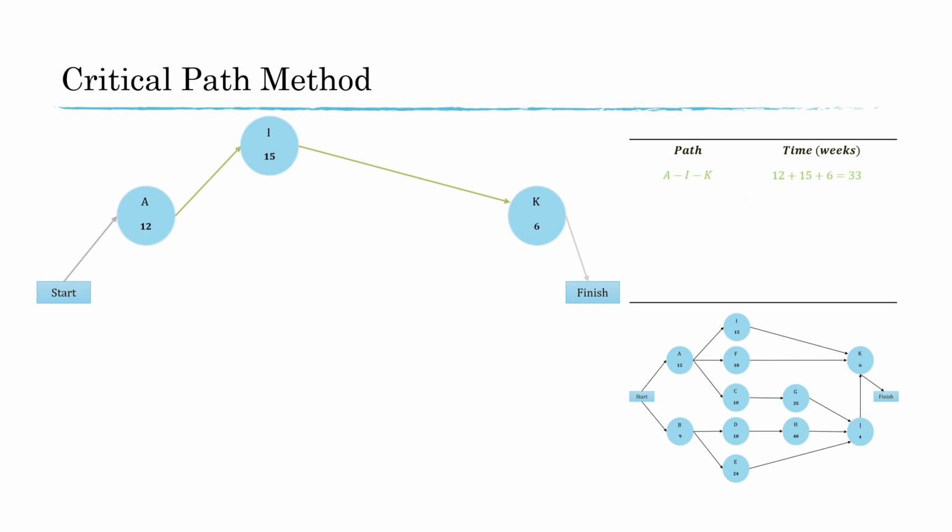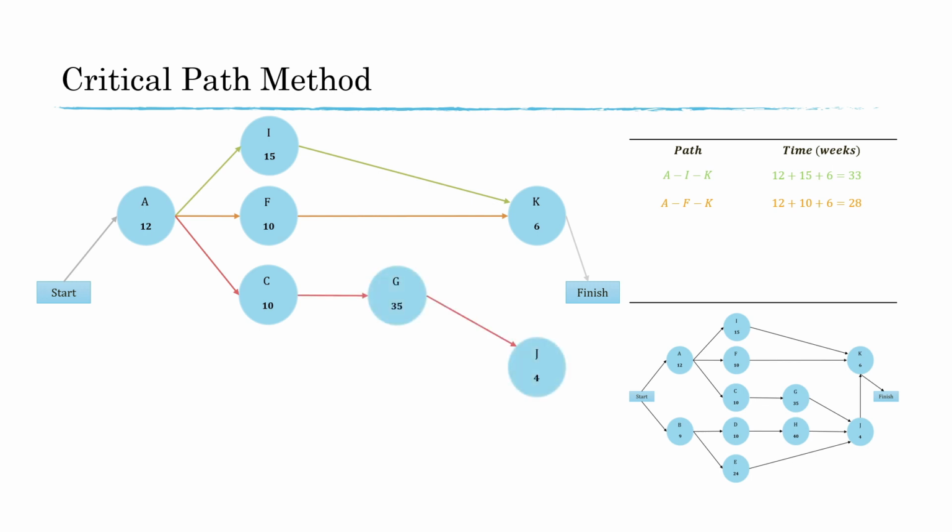The second available route is from activity A to activity F and activity K. The activity time for this route AFK is 28 weeks. The third available route is from activity A to activity C, from activity C to activity G, from G to activity J, and finally to activity K. So the activity time for route ACGJK is 67 weeks.